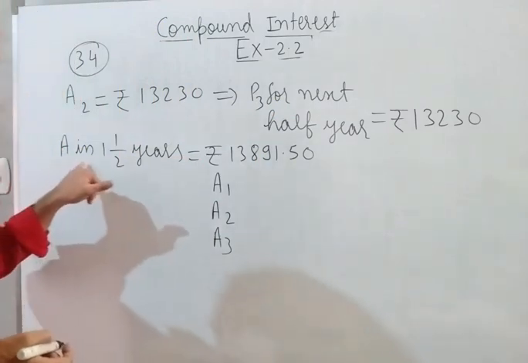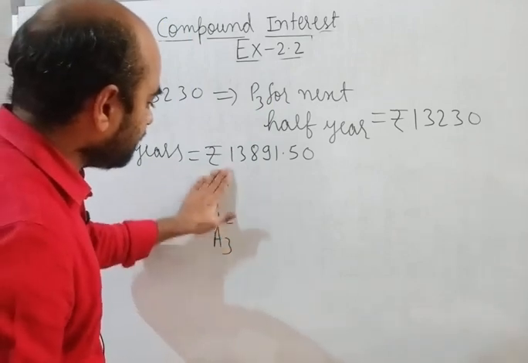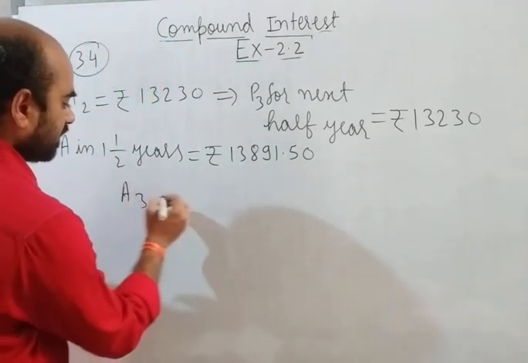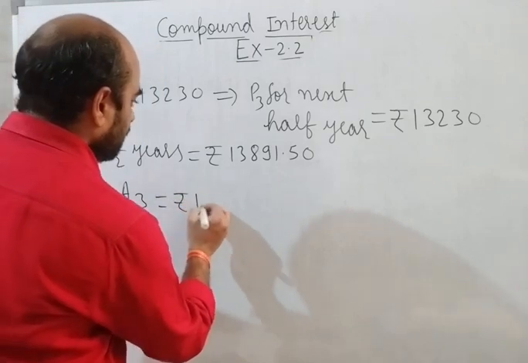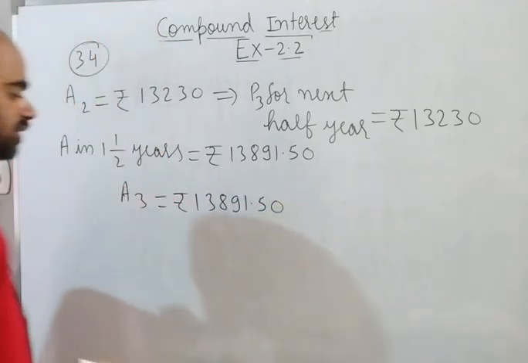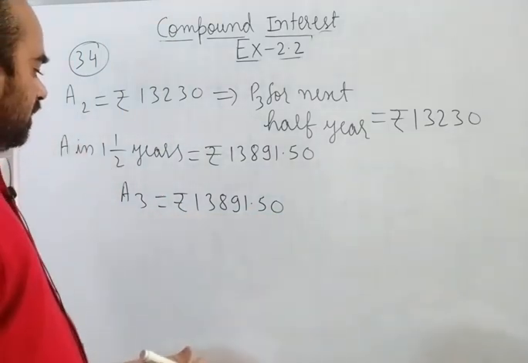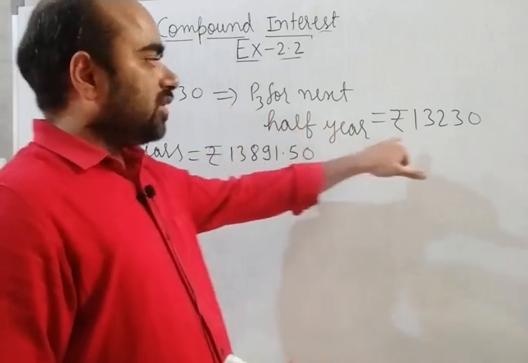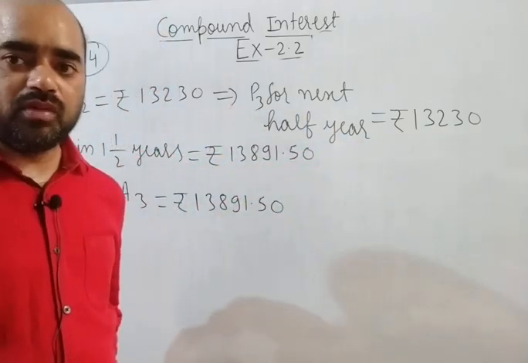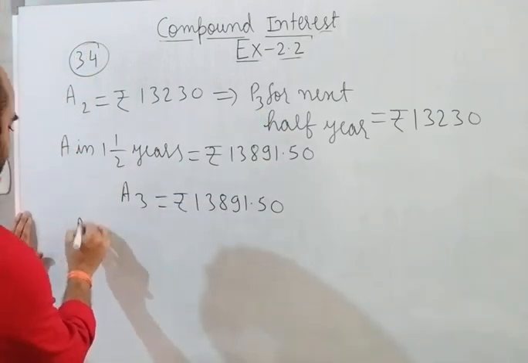And this is given amount after 1.5 years, that is amount after the third half year, 13,891.50. This is given, correct? So we are having principal for third half year and amount after third half year. Both we are having. So we can apply the formula, this.